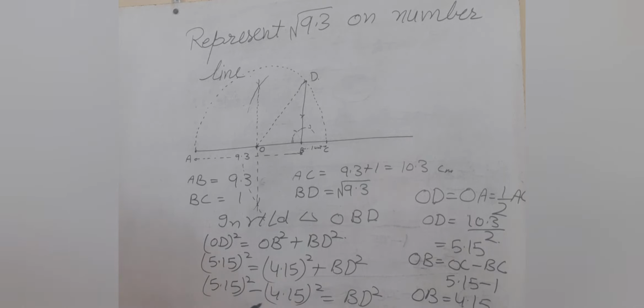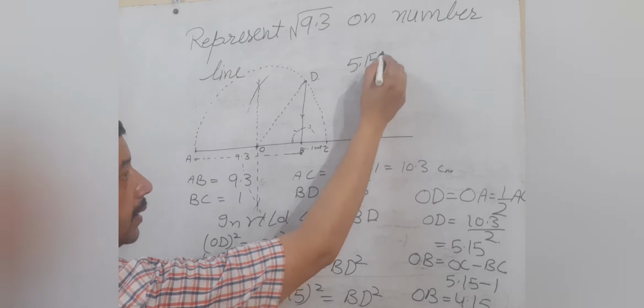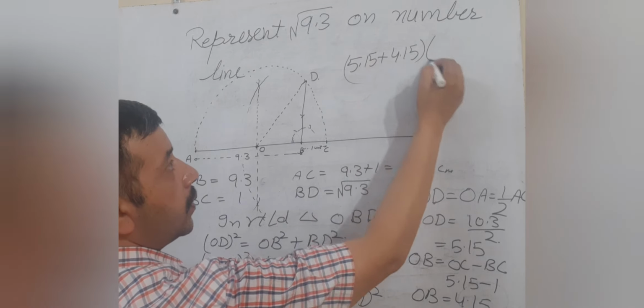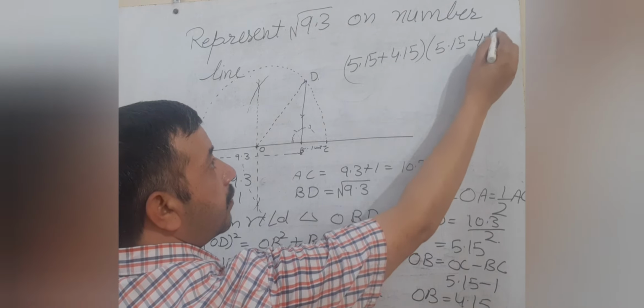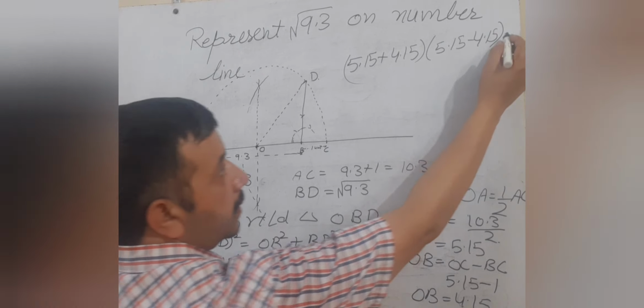Now using the formula a square minus b square is equal to a plus b into a minus b, that is equal to 5.15 plus 4.15 into 5.15 minus 4.15 is equal to BD square.